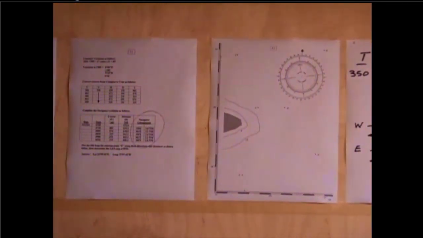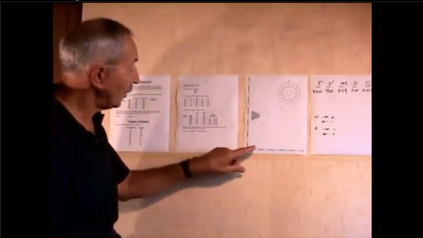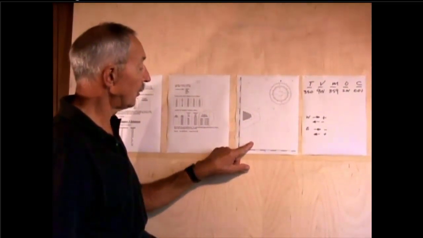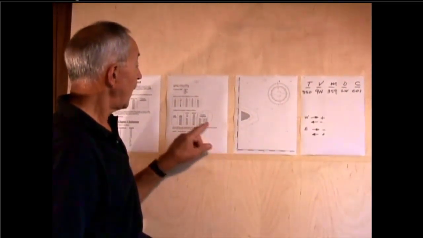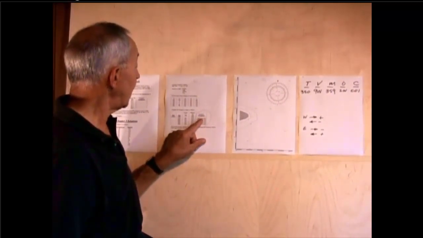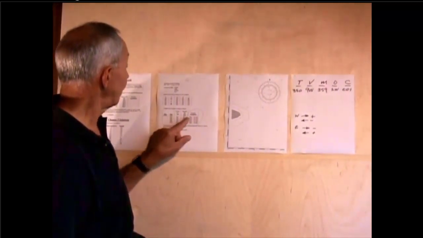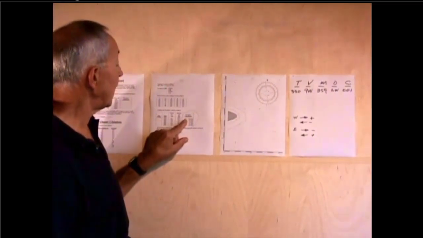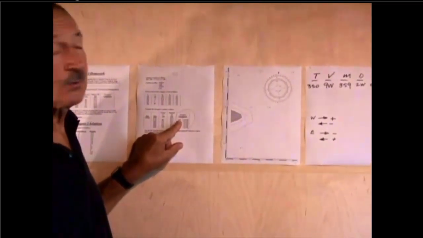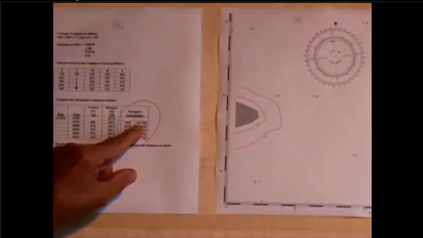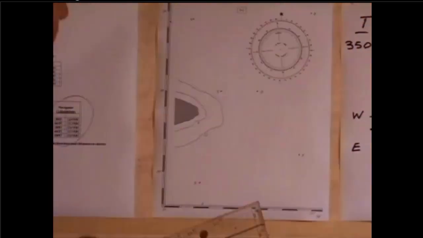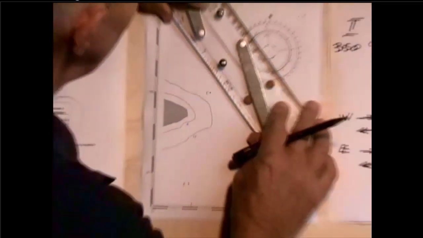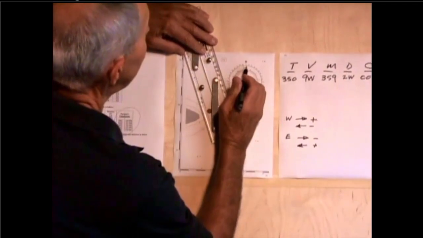So remember, we started at point E, and here's point E on this chart. From point E, we traveled at a heading of 350 degrees true for a distance of 3 miles. So let's take my parallel rules and find 350 true.